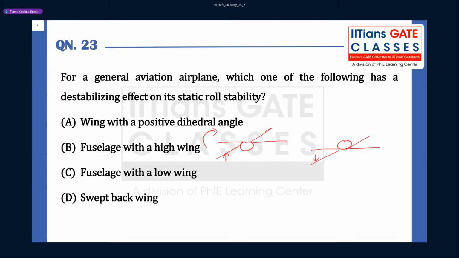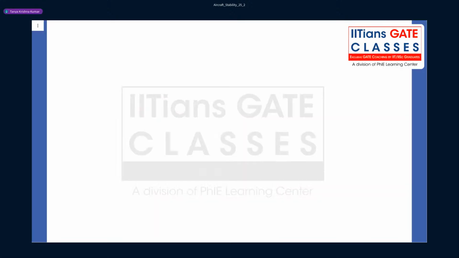What happens now is that the moment produced due to this further destabilizes your aircraft, further moving it in the direction of the disturbance. So there is no restoring component. Look at the question carefully. Which of the following has a destabilizing effect on static roll stability? We know that the low wing has a destabilizing component associated with roll stability. All right. Go to the next question.